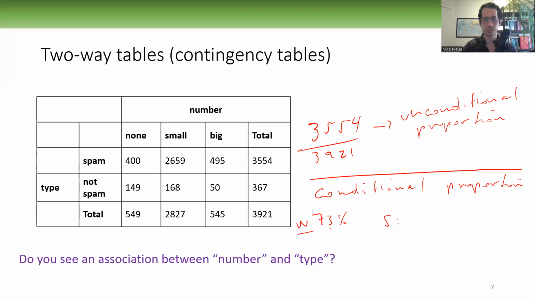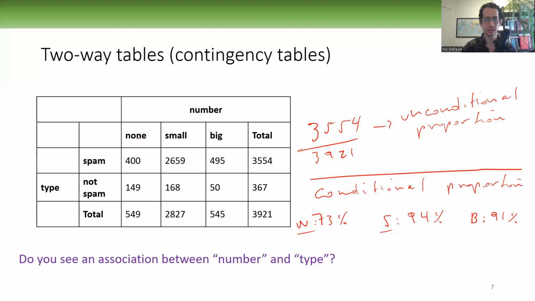For small, we have 2659 divided by 2827, which is 94%. And then for big, we have 495 divided by 545, which is about 91%. So what is this?